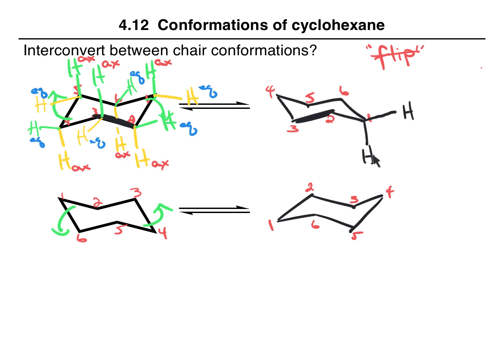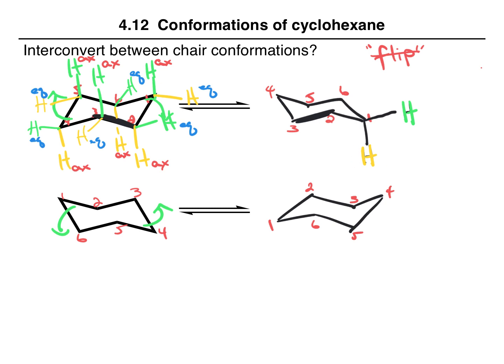Which hydrogens are these? Because we just folded this down, we're now looking at this as our bottom face and this as our top face. So this is still our green hydrogen that was on the top face, and it's still on the top face. And this is our yellow hydrogen that started out on the bottom face and is still on the bottom face.